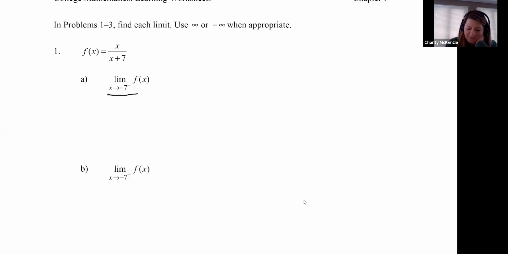And so if we put in a -7 up here, I'm going to get a 0 in the bottom. But we're not really looking right at -7. We can do a little chart here, and I'm going to leave a little space for me to do my work. So x, y, or you can call that f of x, either way.